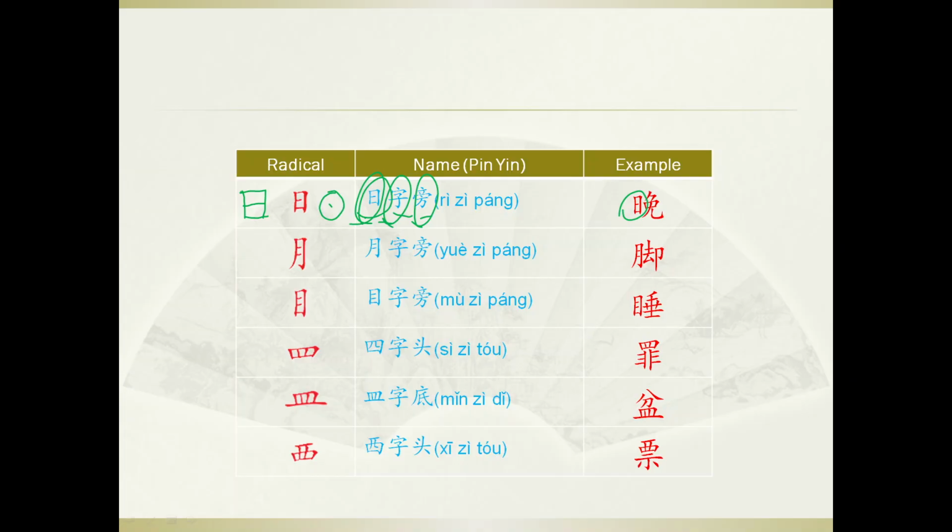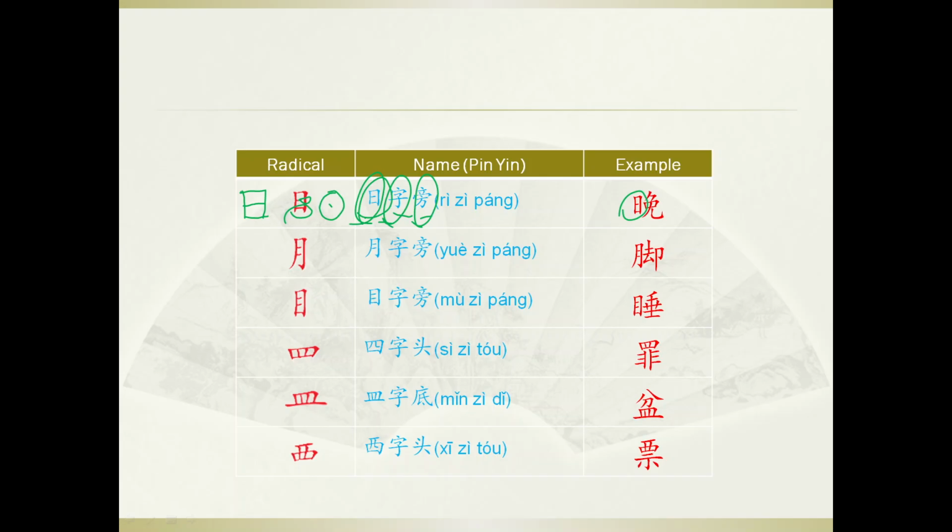Leave a gap here or not. Either is okay. Be aware that these effects are just printed for fashion and beauty. We don't need to do that at our daily handwriting.